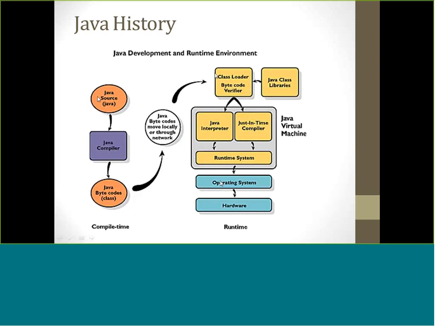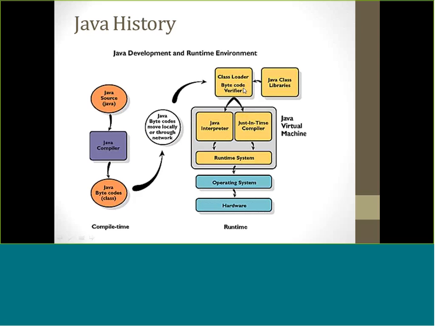Now in this particular screen share, you can see the Java source code. We use the Java compiler and it provides something called Java bytecode. In terms of the Java specification, the object code is called Java bytecode, right? And this bytecode moves locally or through the network to something called the class loader.